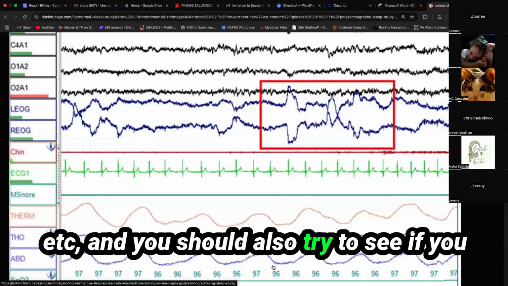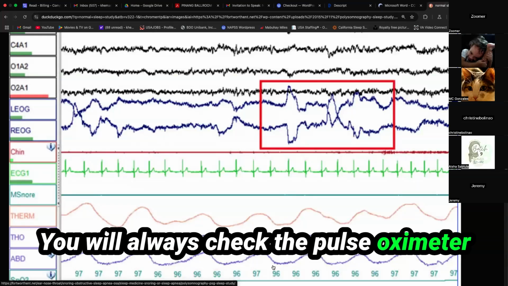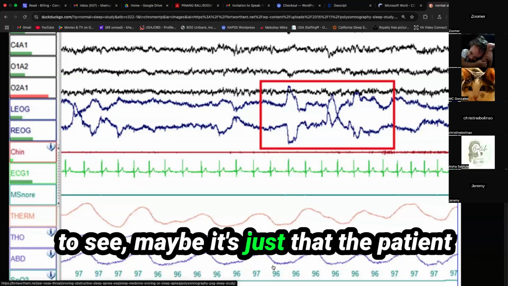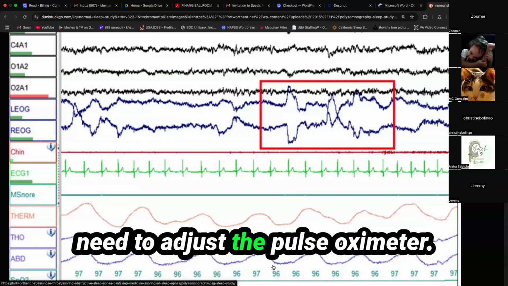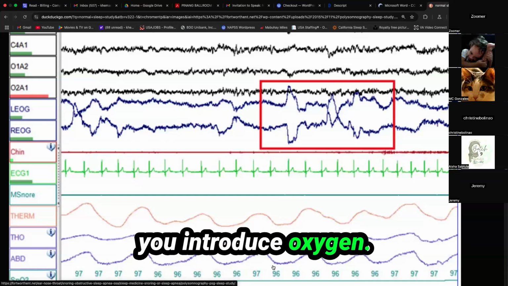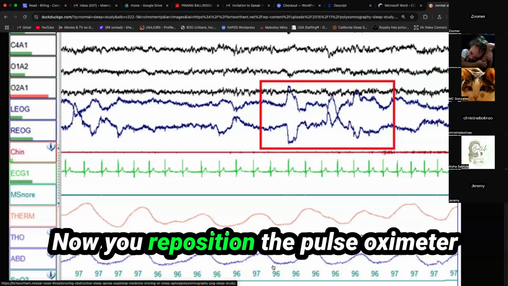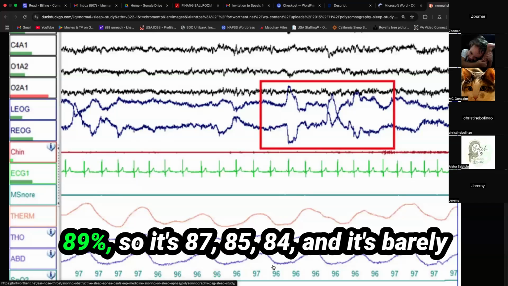And you should also try to see if you can reposition the pulse oximeter, right? You will always check the pulse oximeter to see maybe it's just that the patient has a bad finger, or you just need to adjust the pulse oximeter. So you do that first before you introduce oxygen. Okay. Now you reposition the pulse oximeter, and the patient is still saturating below 89%.